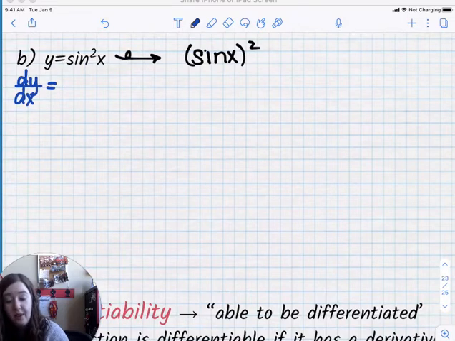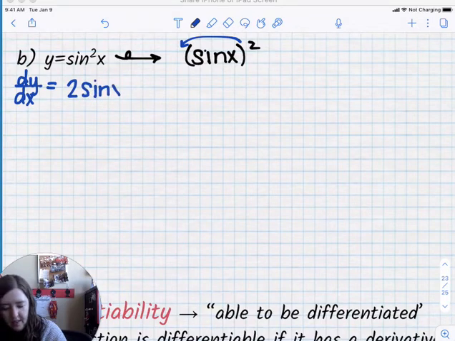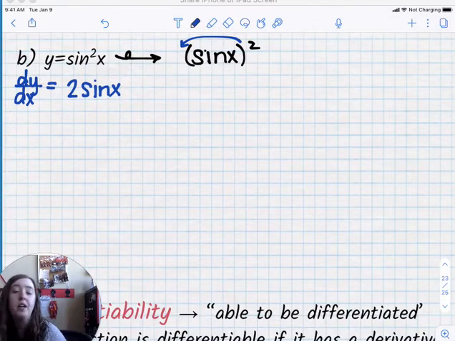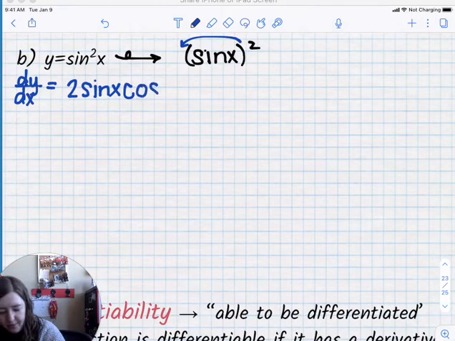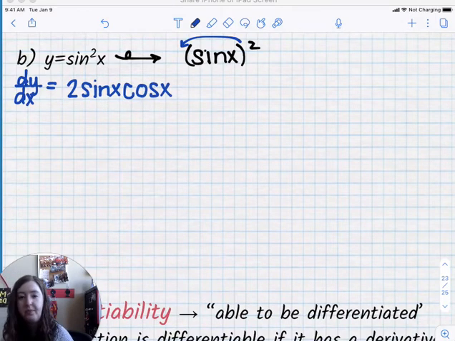We'll take the derivative of the outside, so we'll bring down our power. Keep the inside. Subtract 1 from the power, so now the sine's to the first. And then we're going to multiply by the derivative of the inside. The derivative of sine is cosine. So there's my first derivative.